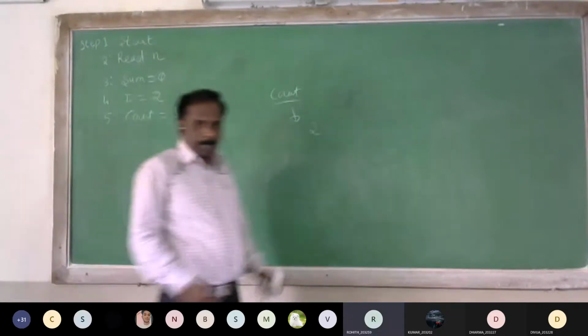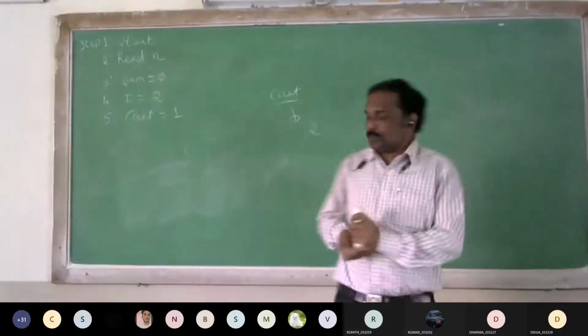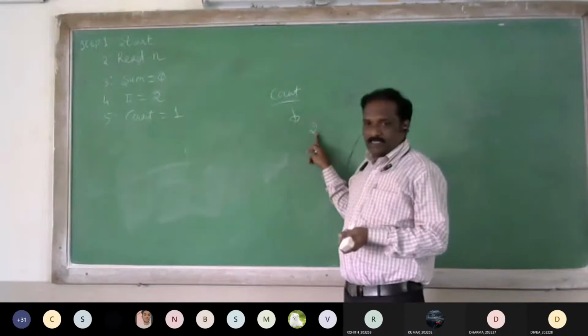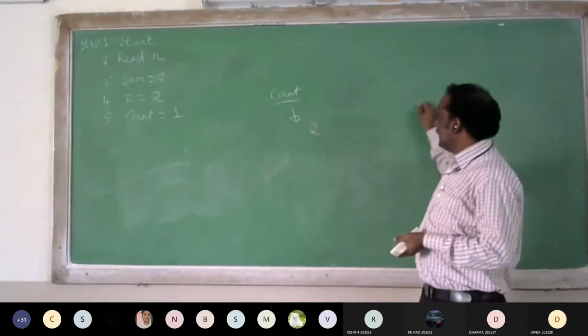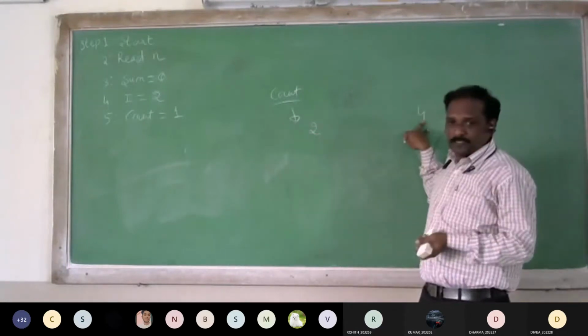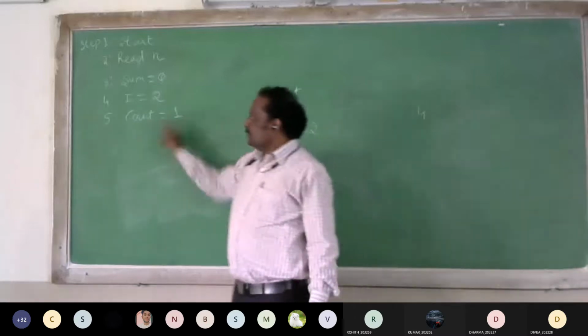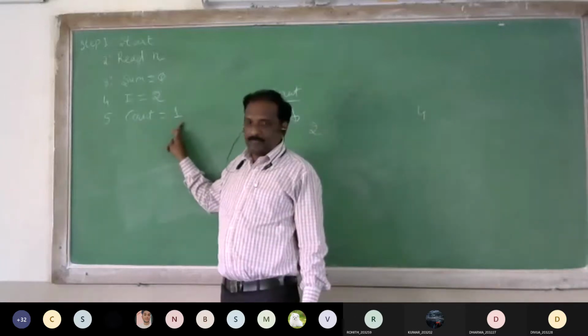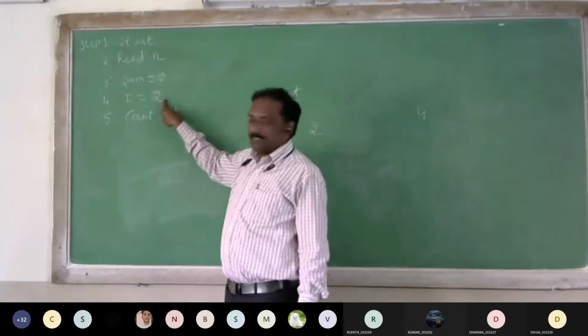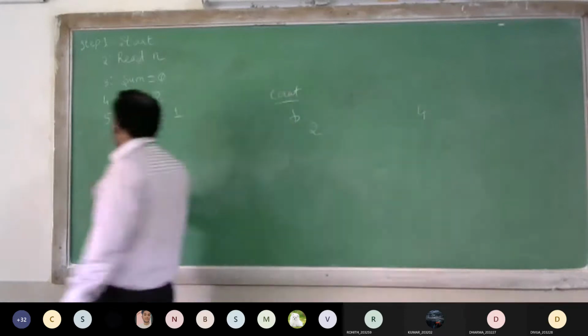Count is equal to 1. If count is 2 means the second even number is 4. So since 2 is the first even number, the count is equal to 1. So add that first even number to sum.